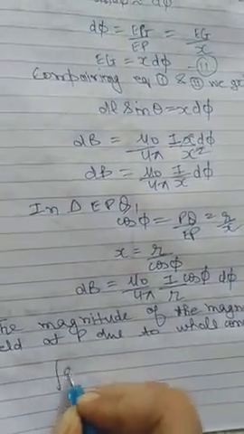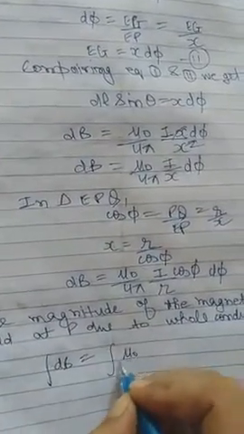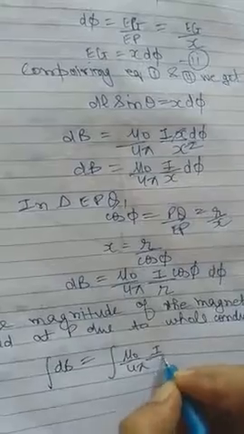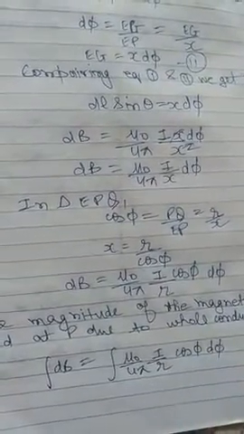We have to integrate this dB. So we will integrate this value, which is mu naught by 4 pi I upon R cos phi d phi, and what will be the limit?